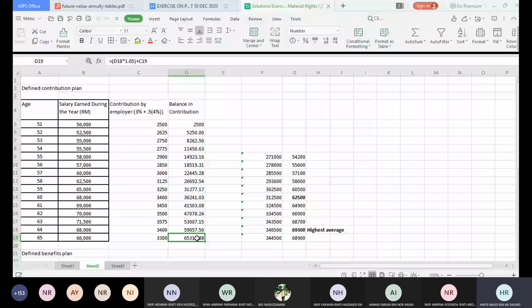But for employees who contribute less than 4%, the employer will only match 50% of the actual contribution by the employees.